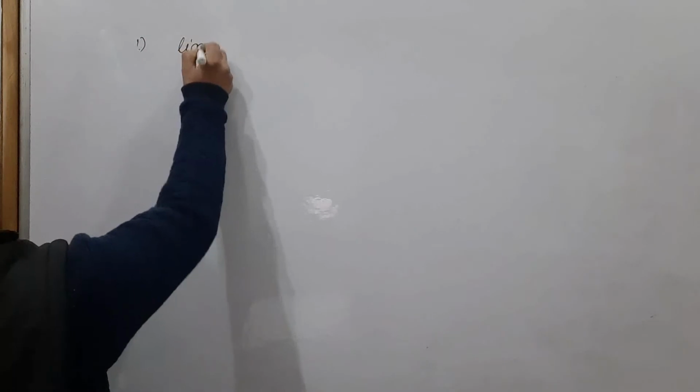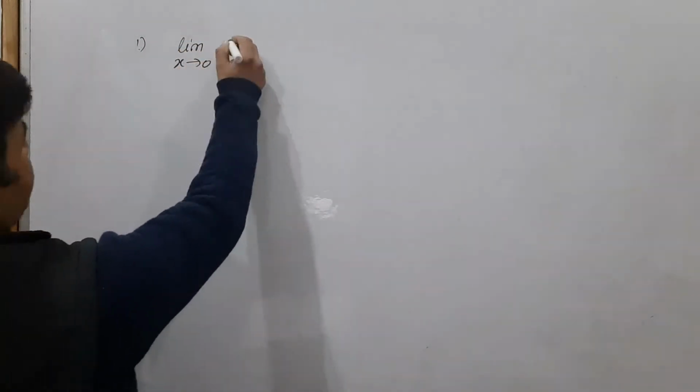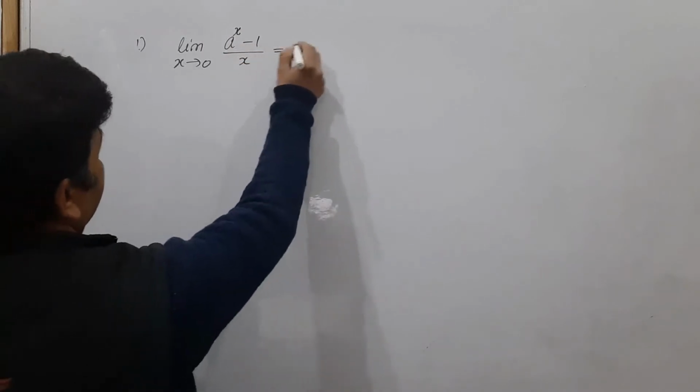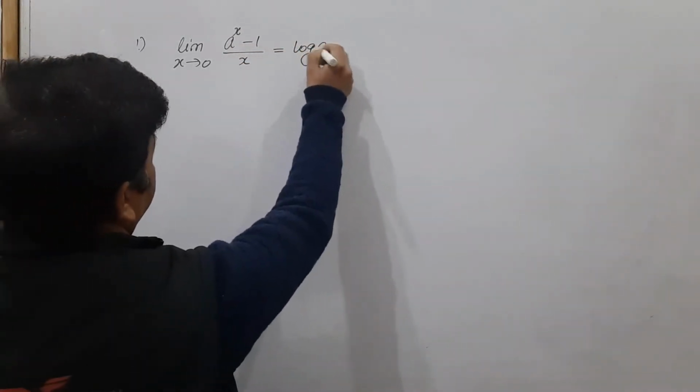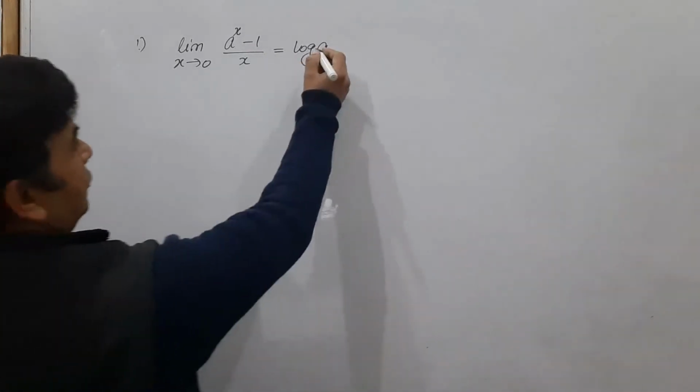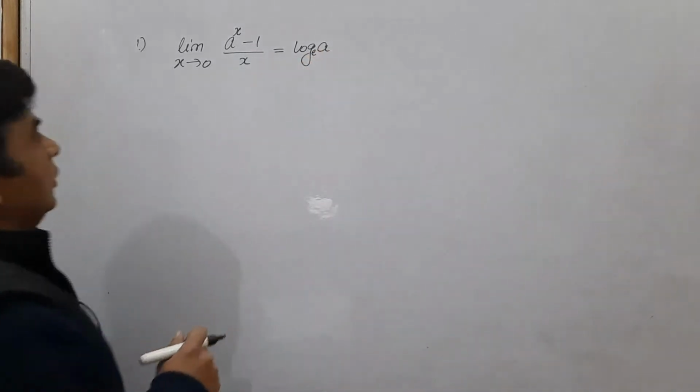So we have two formulas which are based on exponential and logarithmic functions. Number one is, if limit x approaches to 0 of (a to the power x minus 1) upon x, then this is equal to log of a. Yes dear students, the base will be e here.